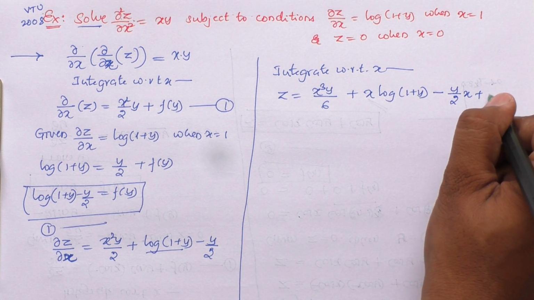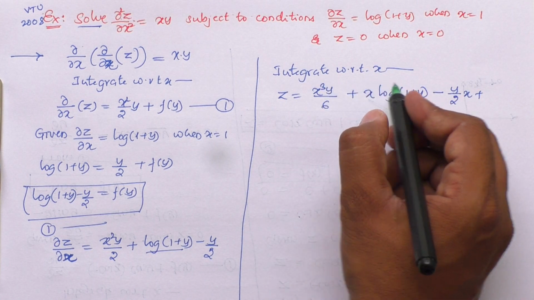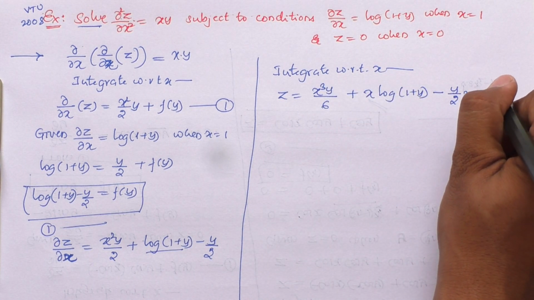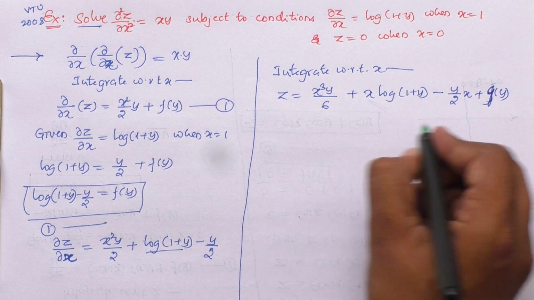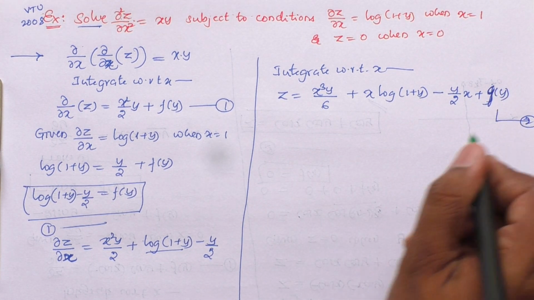Since we are integrating with respect to x, the arbitrary constant is a function of y, let us consider g of y. Take this as equation 2.